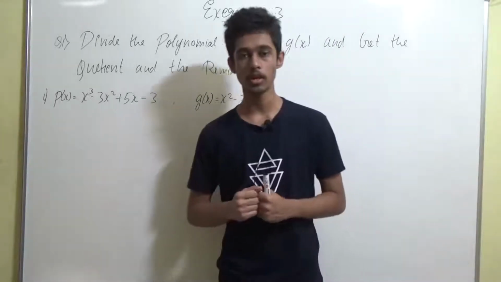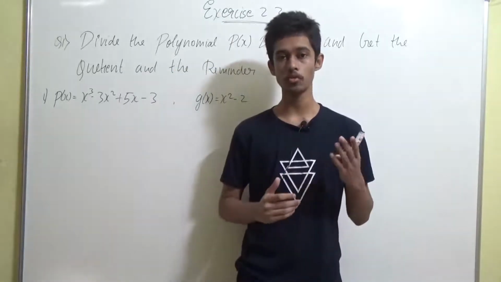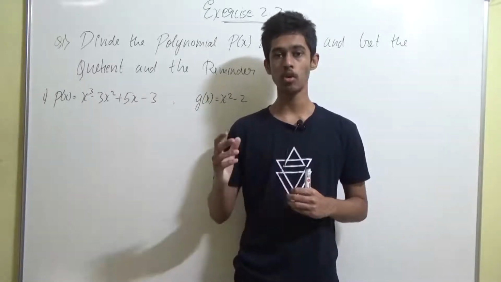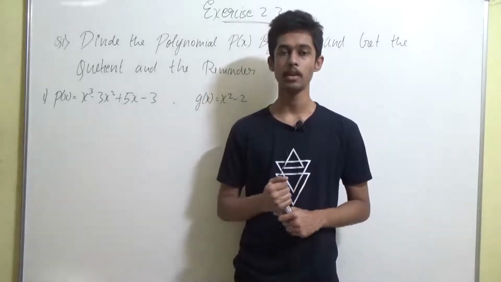As I've said to you, a quick recap is that division of a polynomial is p of x divided by g of x to get q of x, that's the quotient, and r of x, that's the remainder.